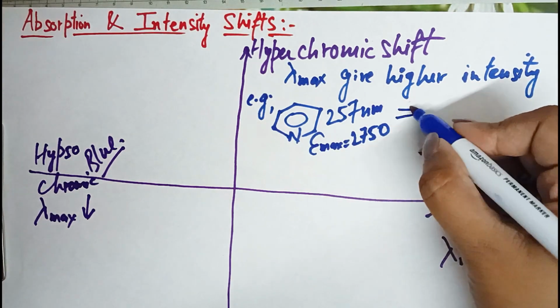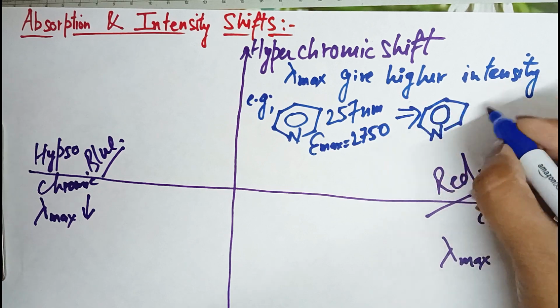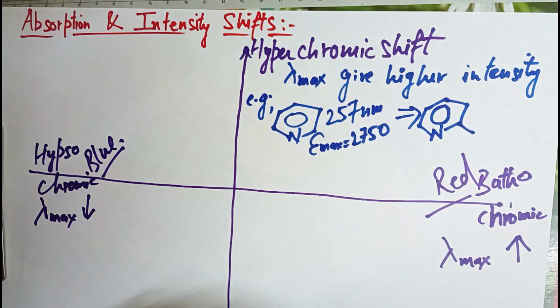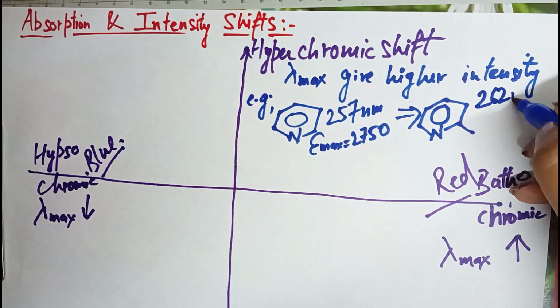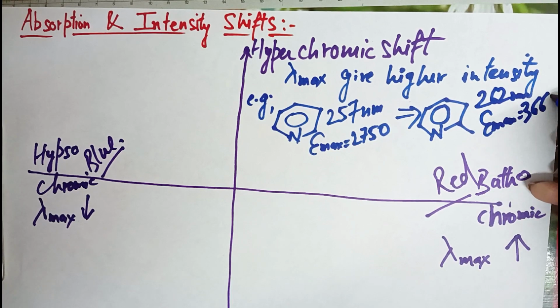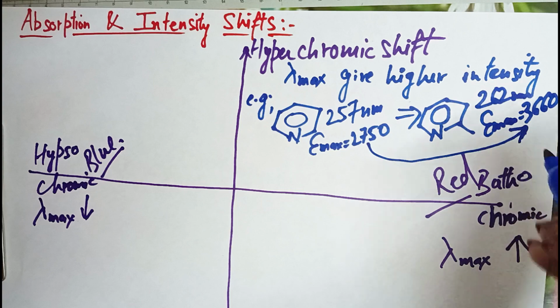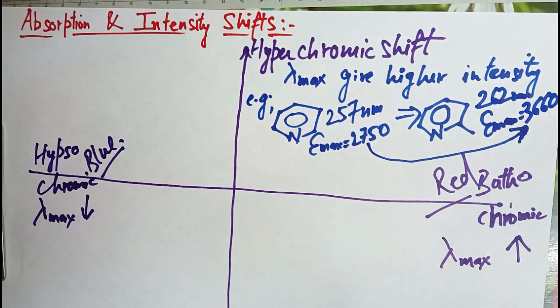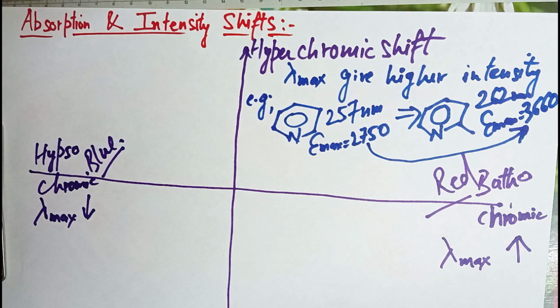But now if we have this pyridine here and a methyl substitution here, in this case lambda max will be 262 nanometer and epsilon max will be 3660. So basically here epsilon max increases, which shows that the intensity has shifted. So lambda max gives higher intensity. So the overall intensity of the peak will increase.